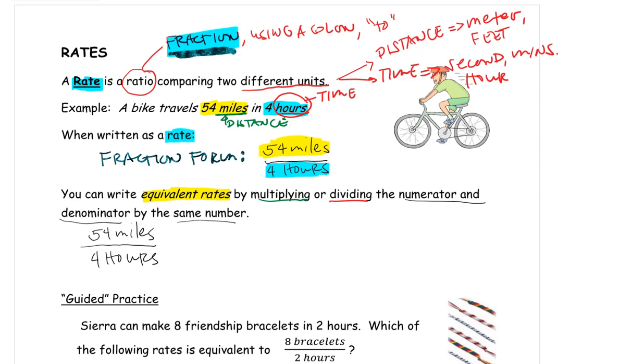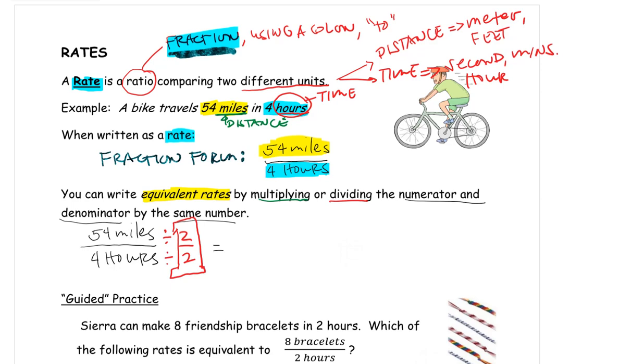Both, we can divide by 2. Remember that if both the numerator and the denominator are divided by the same number, it doesn't change the value, because overall this is just equivalent to 1. Is it not that 2 over 2 is just equal to 1? So essentially you're not changing the value of that rate.